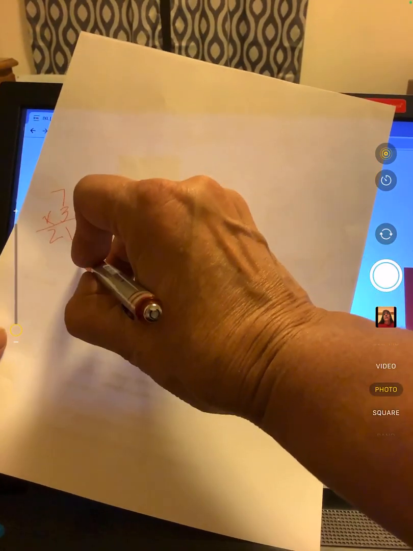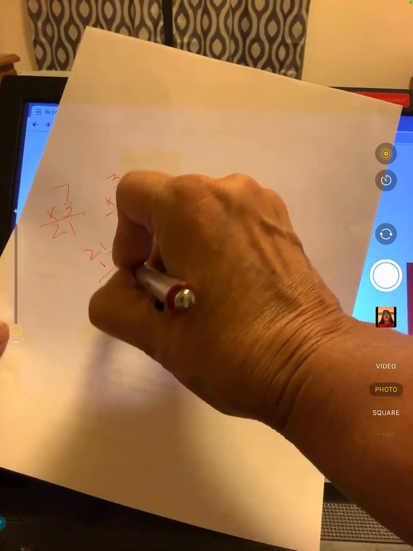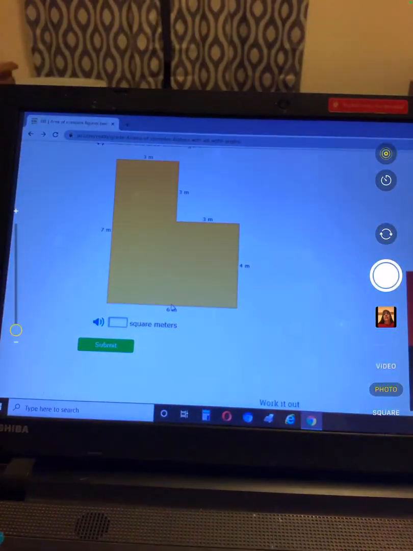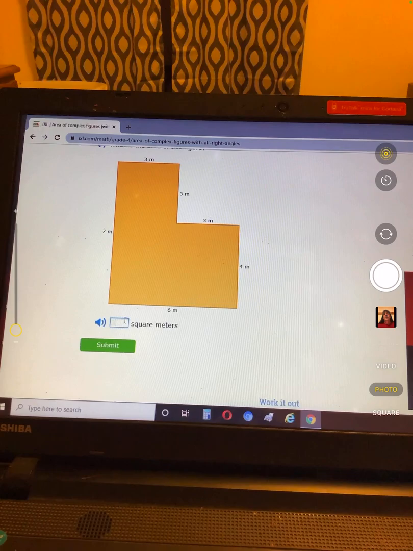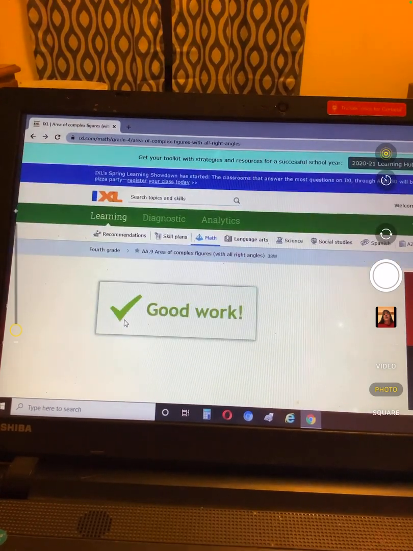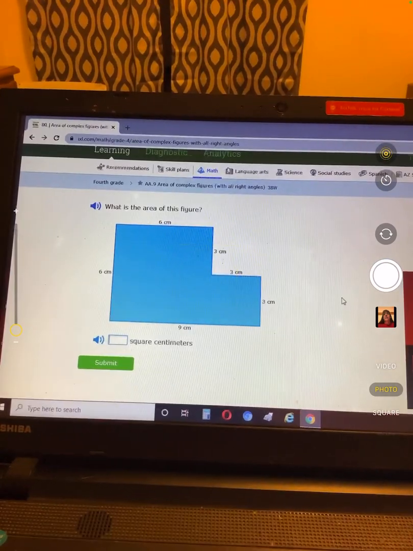And if we add these together, it's 33. That might help you if you do it that way. Hold up a piece of paper. I think that will work better for you.